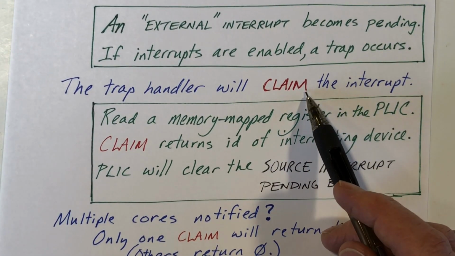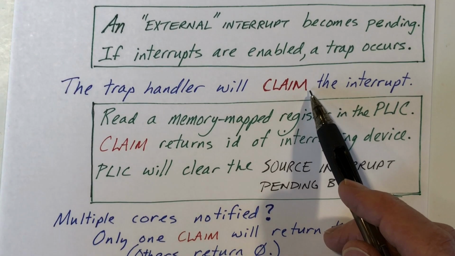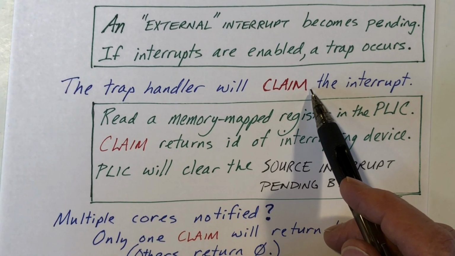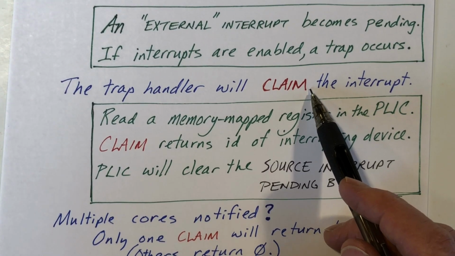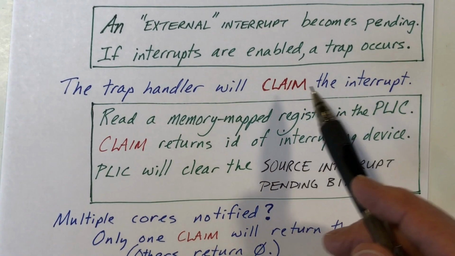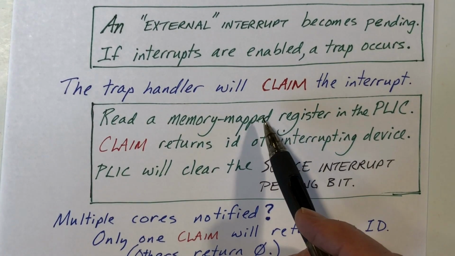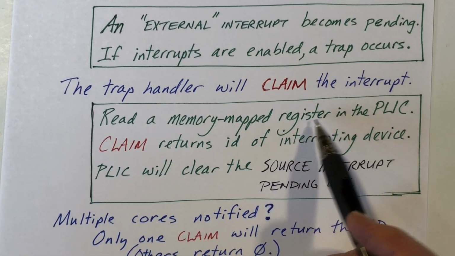And this claim operation basically is the code telling the PLIC that, hey, I want that particular interrupt. I accept it, I've got it, I'm claiming it. As far as the other cores that you told about this particular interrupt, they don't get it. Okay? And this claim operation is done by reading a memory mapped register in the PLIC.